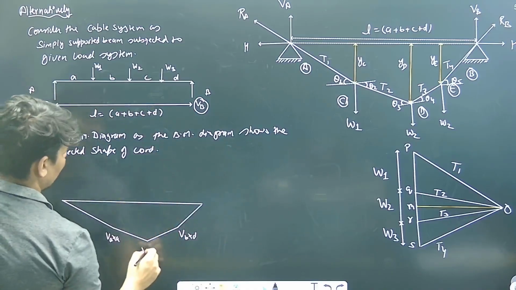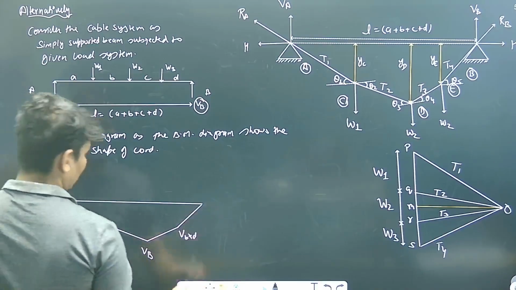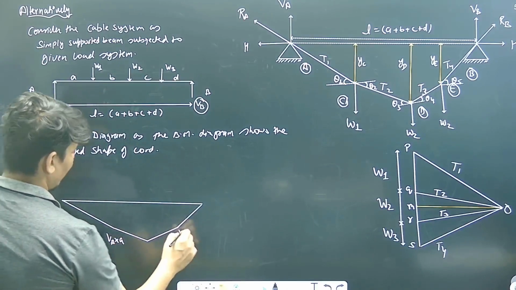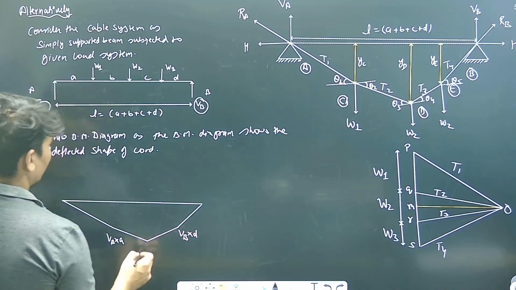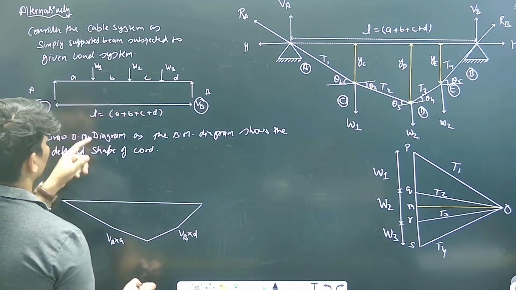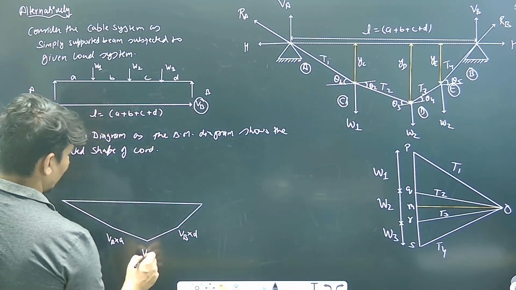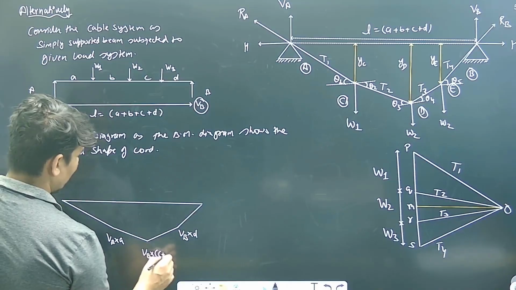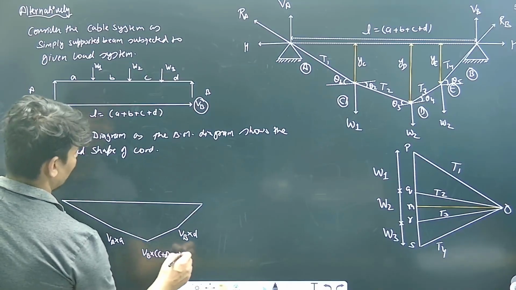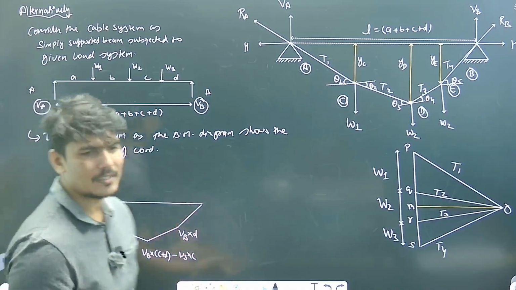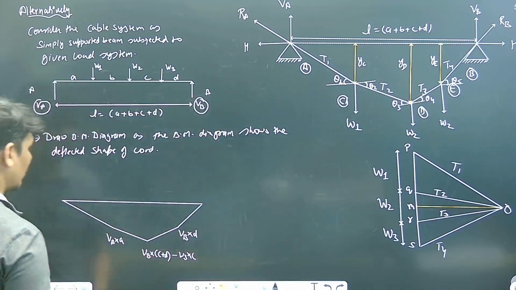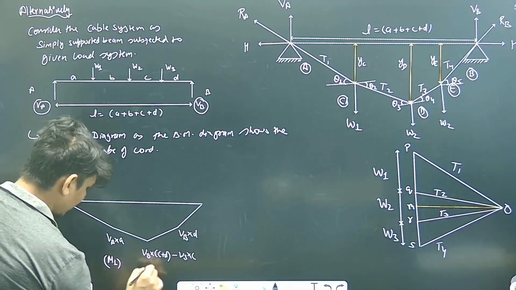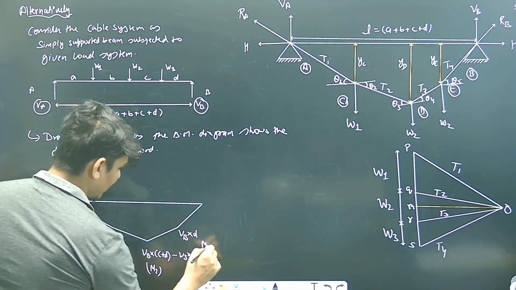For the center you can calculate either from the right hand side or the left hand side. Why am I taking small letters? It's capital A, VA into small a, VB into small d, and at the center, take it from anywhere, say like this: VB into (c plus d) minus W3 into c. We know how to find the bending moment, it's a simple thing. Calculate it and put in the values. So you will get M1, M2, M3 values here. Suppose some values came here.